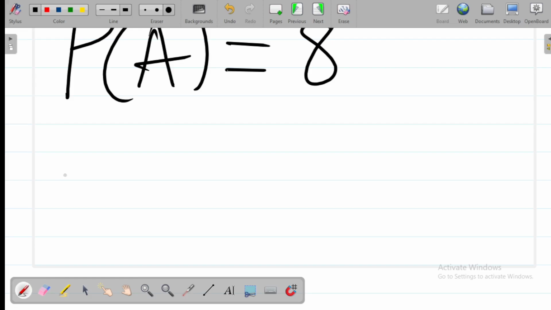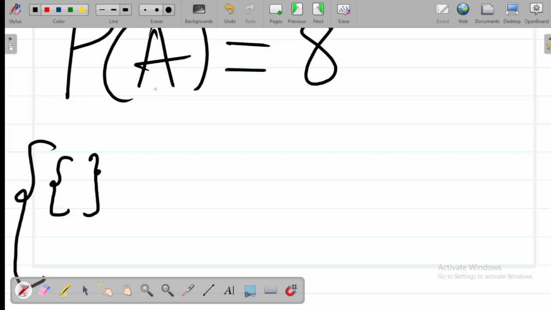So how do we write the power set? You first of all open a big curly bracket, and then you start with an empty set. Remember, the power set of A is equal to 8, so it must be 8. So you start with an empty set, and then comma. What follows is a singleton.